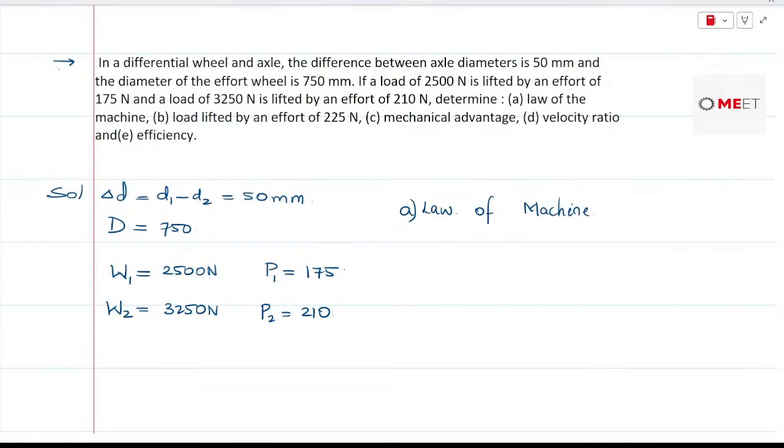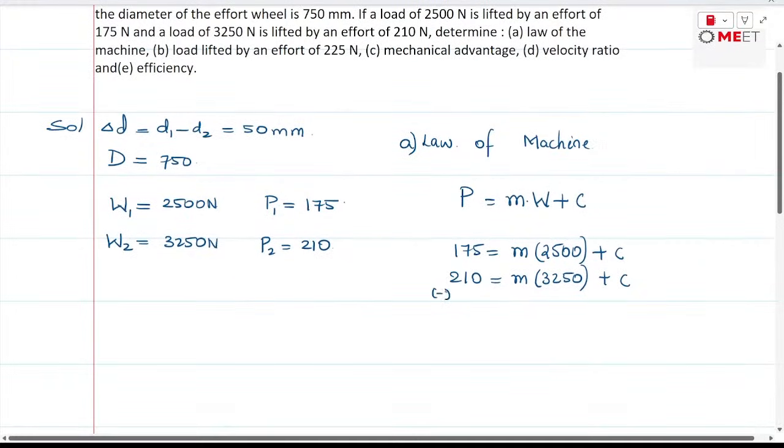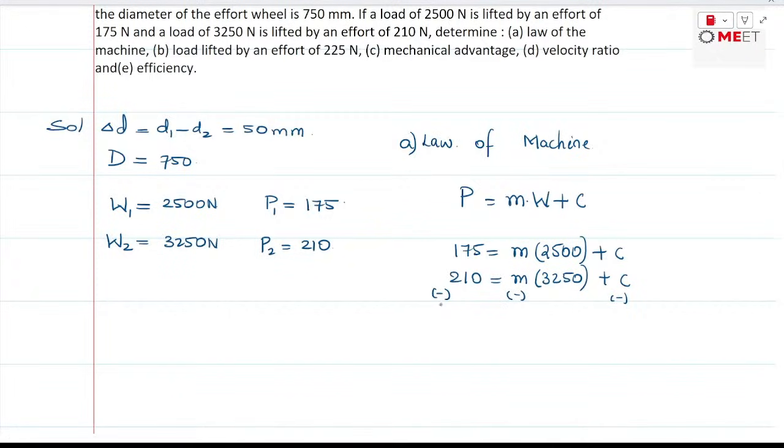Here the standard straight line equation we remember, P is equal to M times W plus C. So P is 175, M is not known, and W is 2500 plus C. In the second case, P is 210 and W is 3250 plus C. Now if we subtract these two equations, C will get cancelled, and 210 minus 175 is 35.